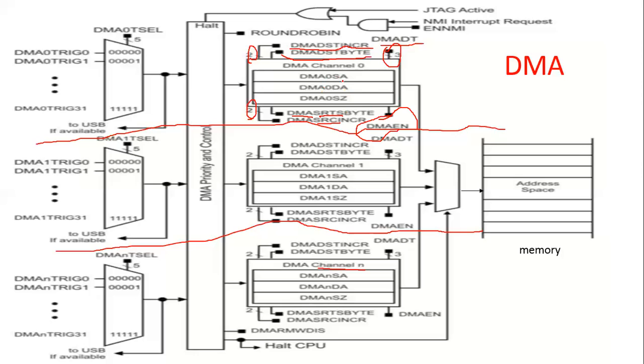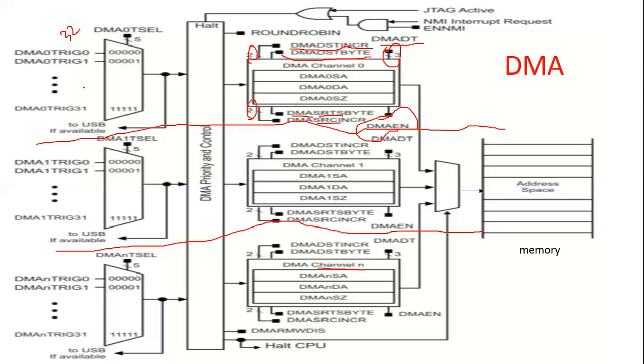Okay, then come to here. Each channel has 0 to 31 triggering pulses available. You can apply 0 to 31, that means a total of 32 triggerings are available.